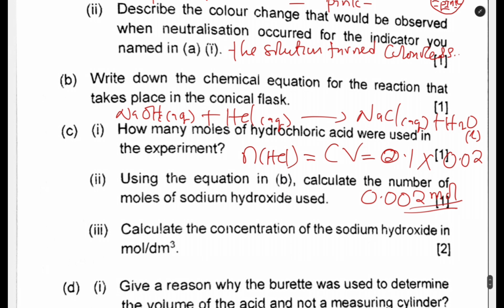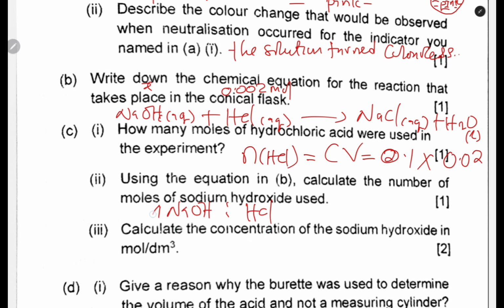Using the equation in B, calculate the number of moles of sodium hydroxide. So if you have the number of moles of acid, which is 0.002 mole, calculating the number of moles of sodium hydroxide, here you can form a ratio of sodium hydroxide to hydrochloric acid.